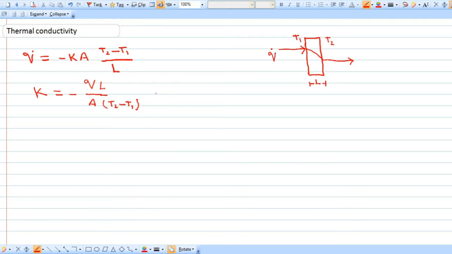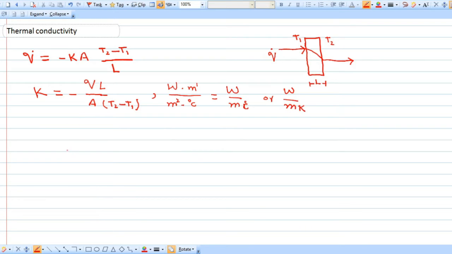So the units of thermal conductivity will be derived from this equation. The meter and the meter squared will give you units of watts per meter per degree C, or watts per meter per Kelvin.